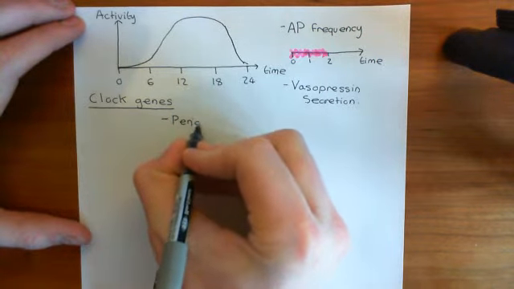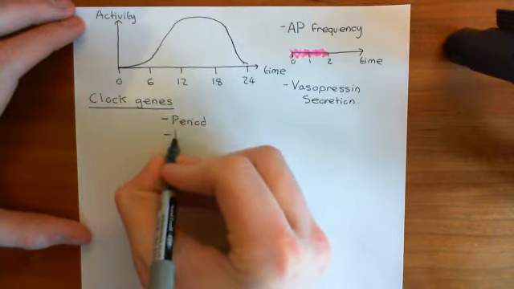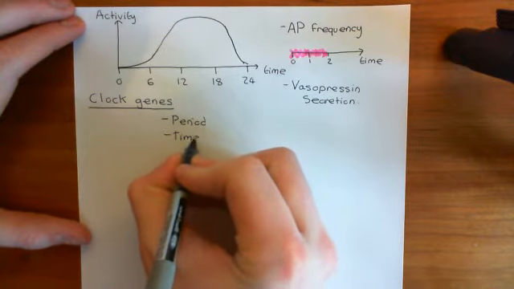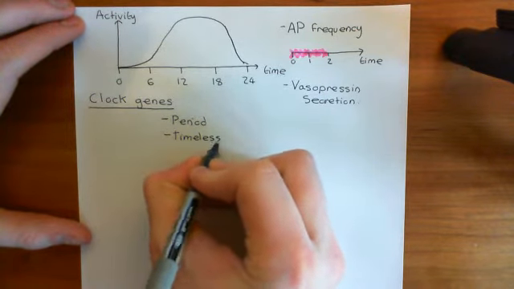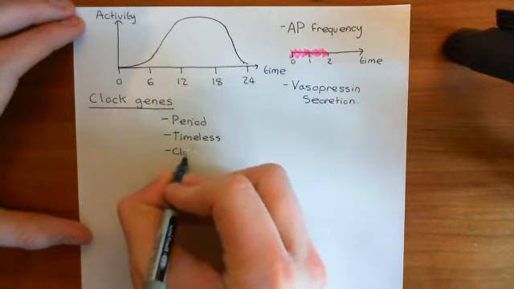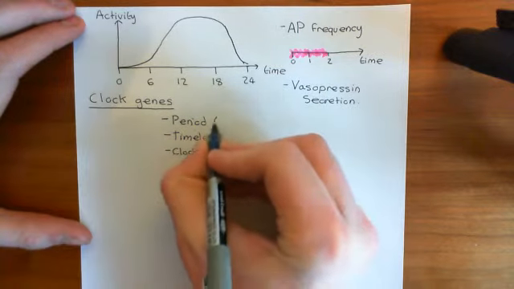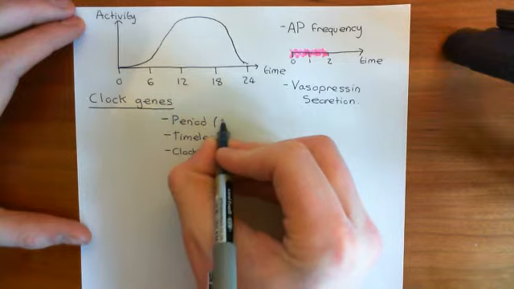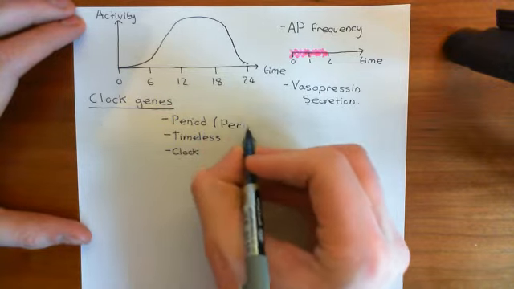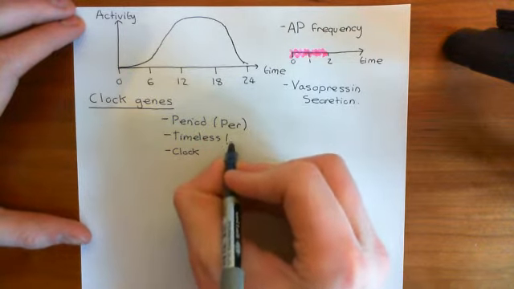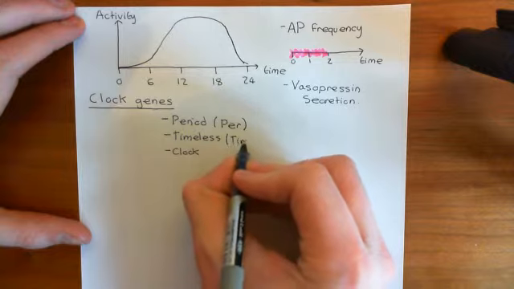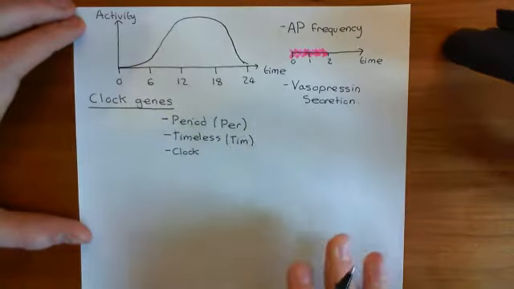These are names of genes, believe it or not. For short, the period gene is often abbreviated as the PER gene, and the timeless gene is often abbreviated to T-I-M, or TIM.